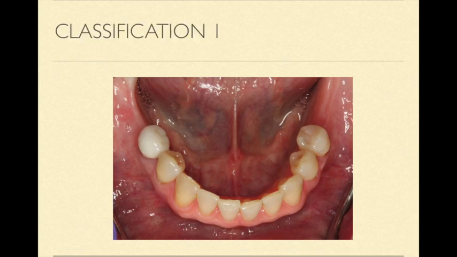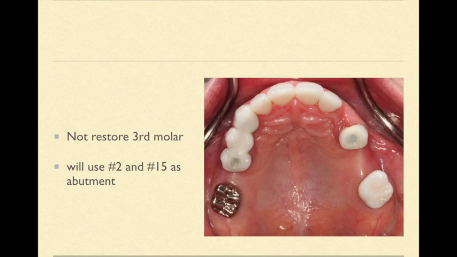So this is class 1. In these cases, if I said we were not going to restore the third molar, and we will use tooth number 2 and 15 as our abutments, what would the classification be?